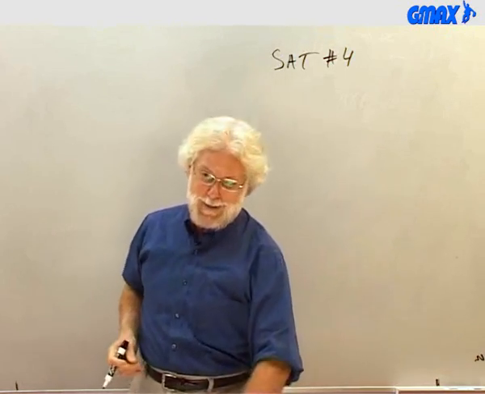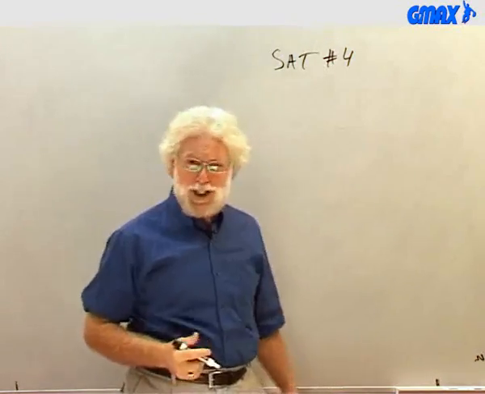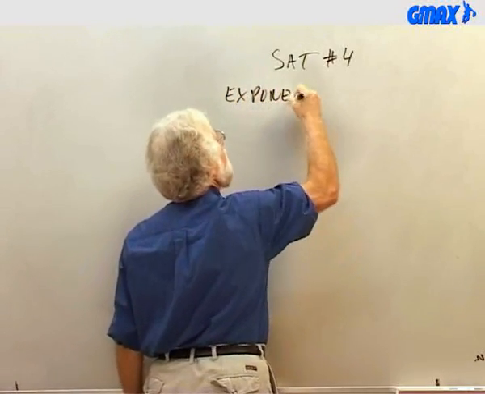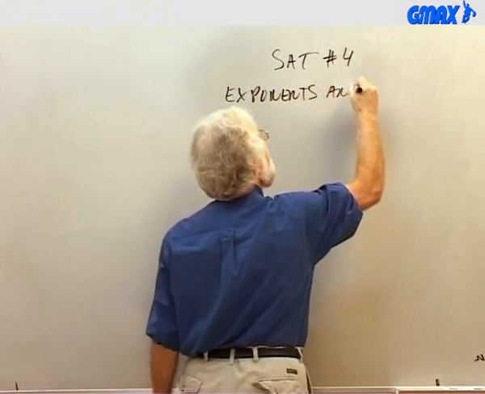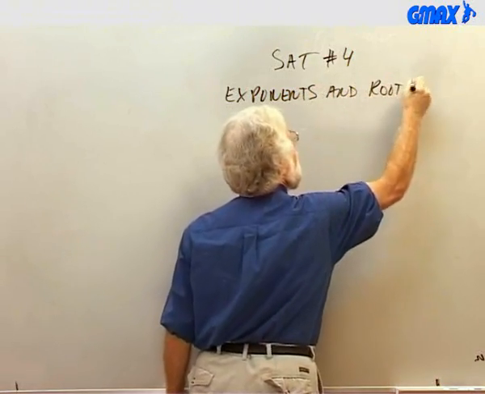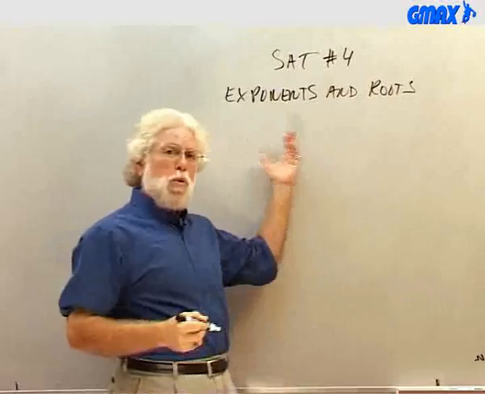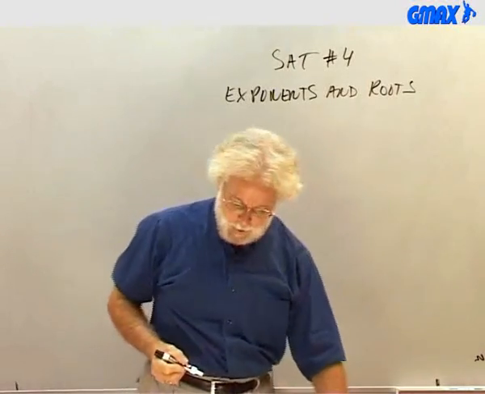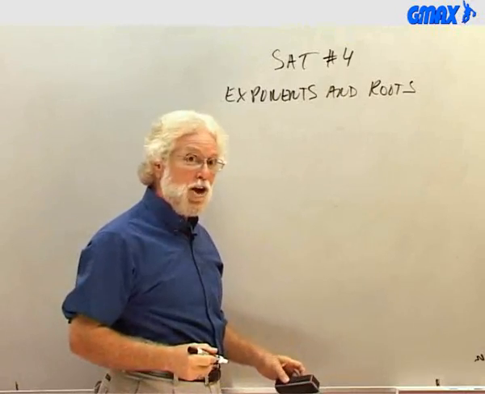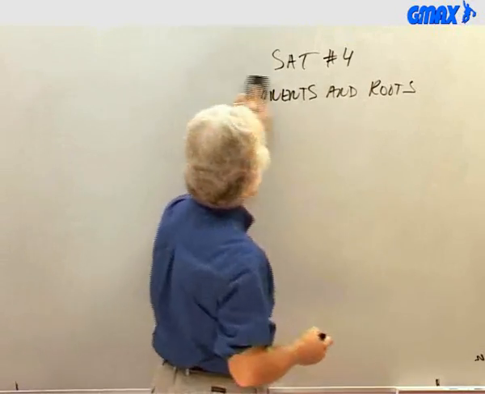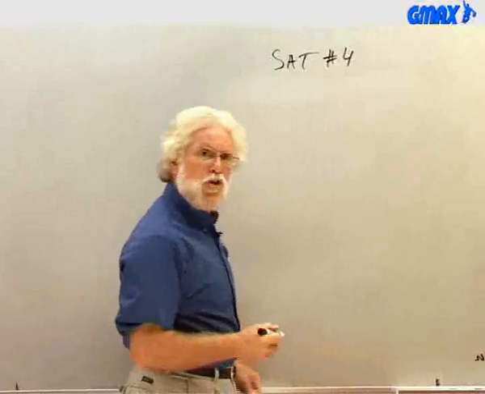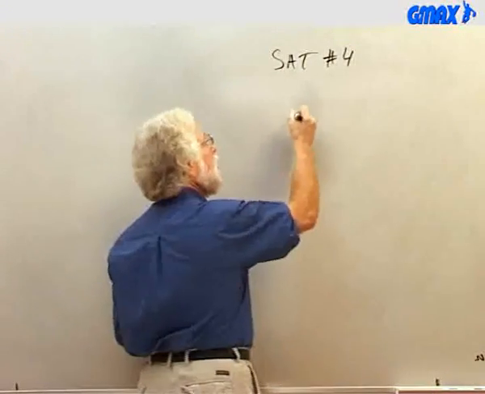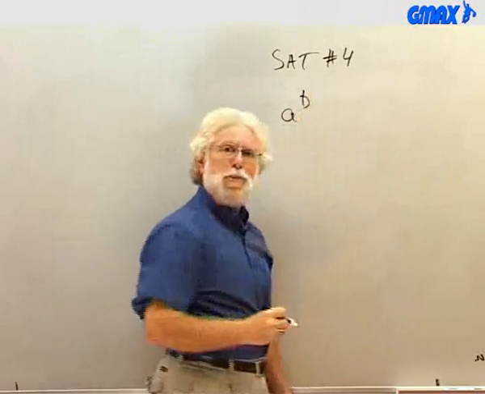And today we're going to talk about exponents and roots. And exponents and roots are not where you came from. No, we're looking at numbers. So let's define what we're talking about. Let's say, for example, we have something that looks like this: a to the b.